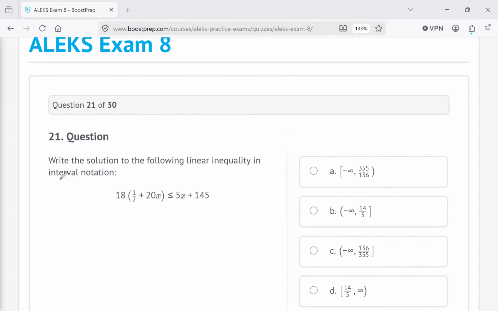Write the solution to the following inequality. So all you've got to do is try to get x by itself. So 18 times 1/2 is 9. And then 18 times 20 is 16. Yes. And then I'm going to subtract 5x. I subtract that.